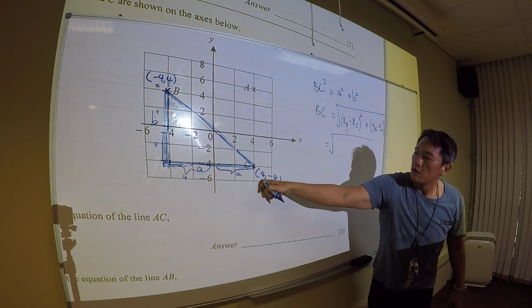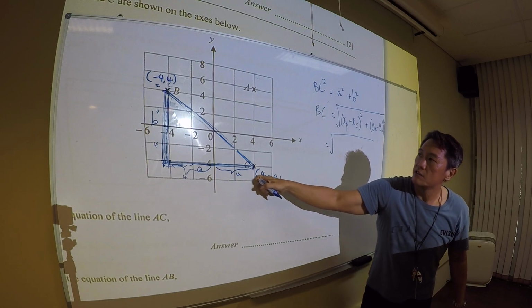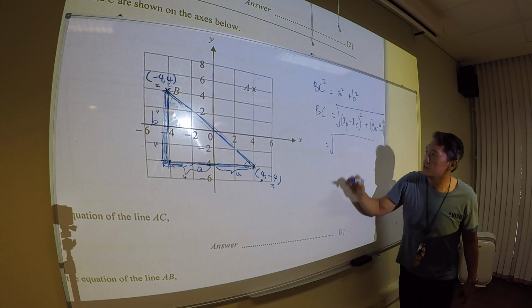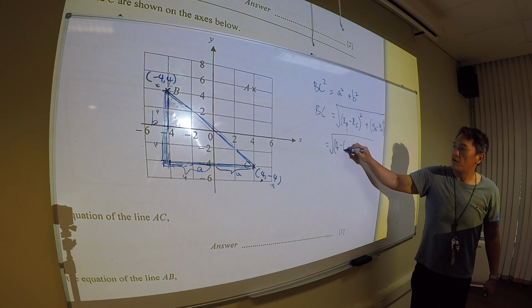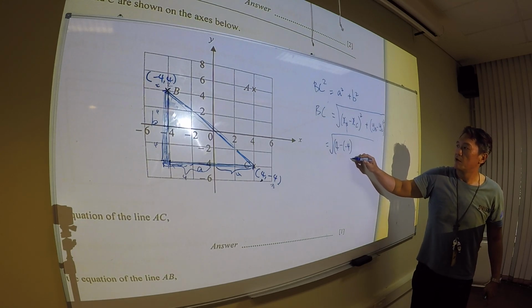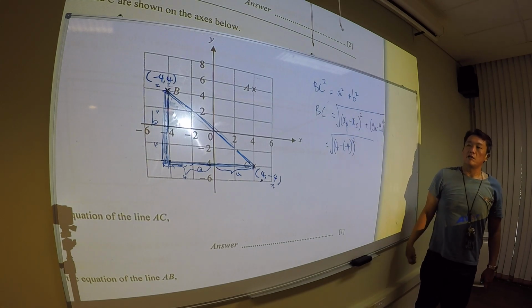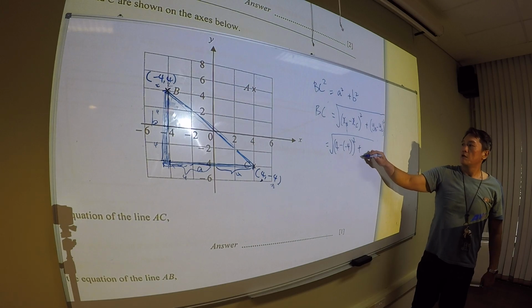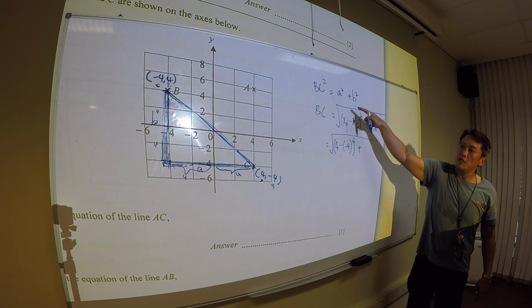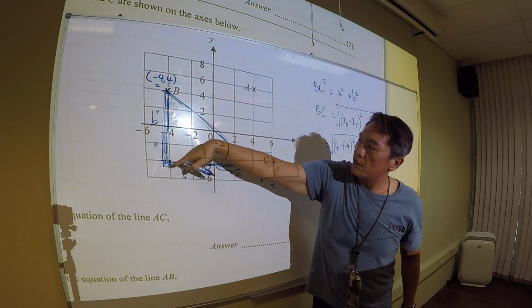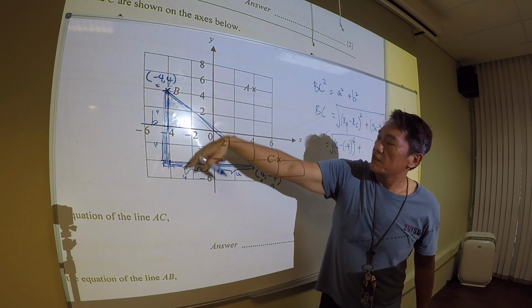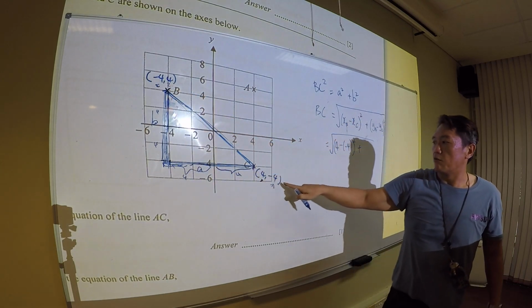We take one of the x minus the other x. So again, 4 minus negative 4. Then this whole thing squared to get the horizontal distance squared. Then the b is the vertical distance, which is the difference between the y values.